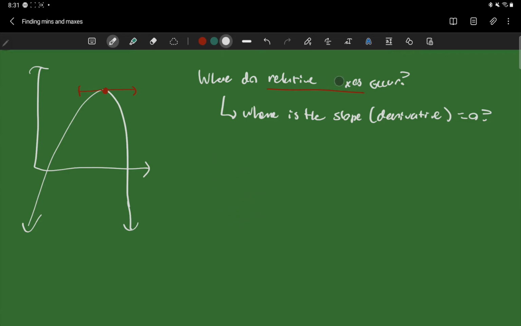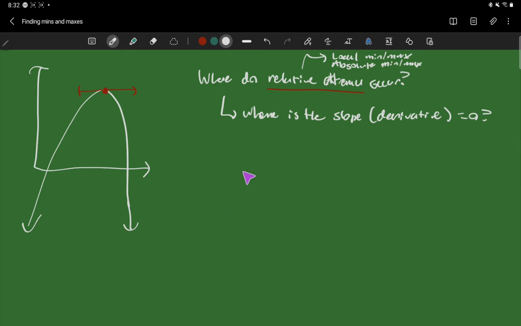So what I should be saying is relative extrema. Extrema basically represents minimums or maximums. But the word relative may be throwing you off because that's something you never heard. That basically covers both local mins and maxes and absolute mins or maxes.